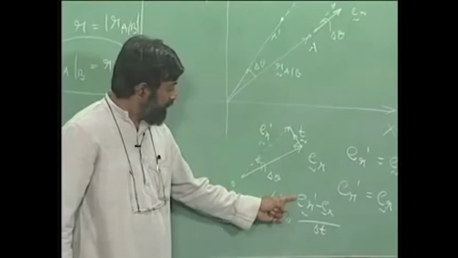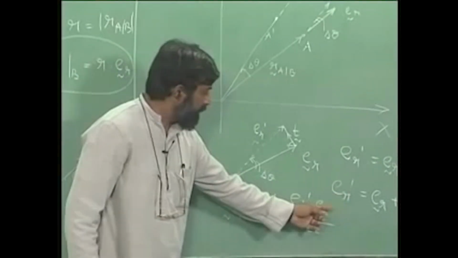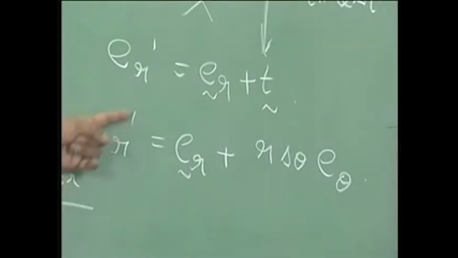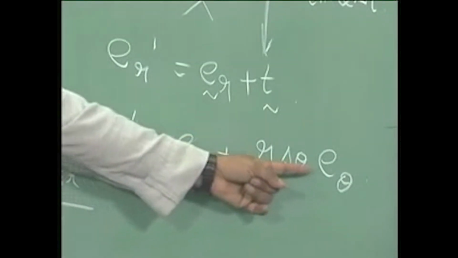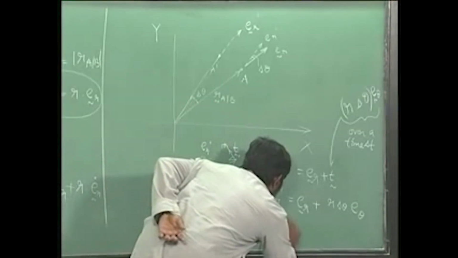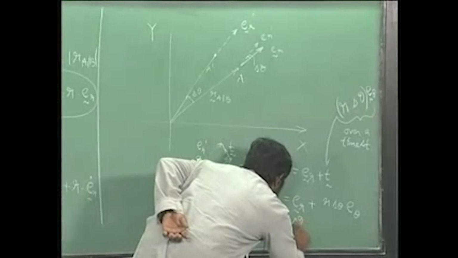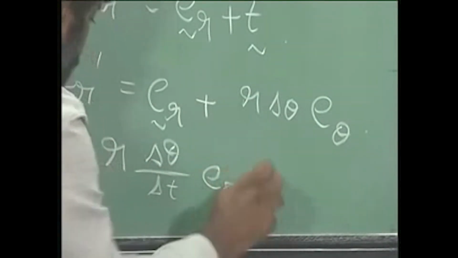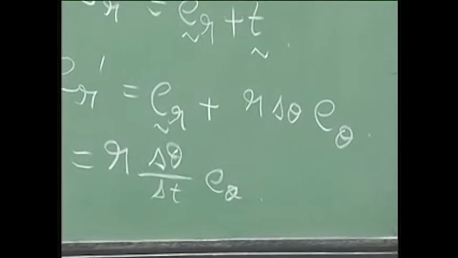Okay. What is ER prime equal to? It is nothing but ER plus R delta theta E theta, or in other words, ER prime minus ER is equal to R delta theta E theta. So, what we get here is R delta theta by delta t E theta. Okay.